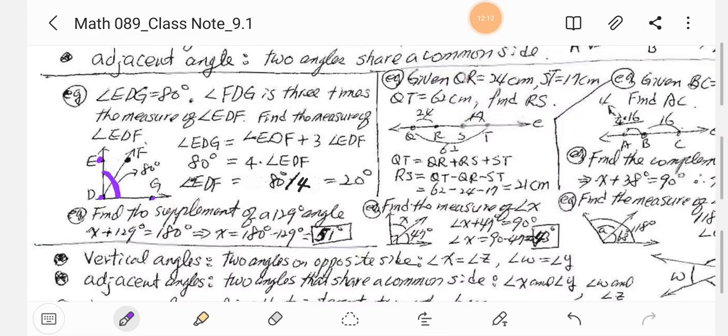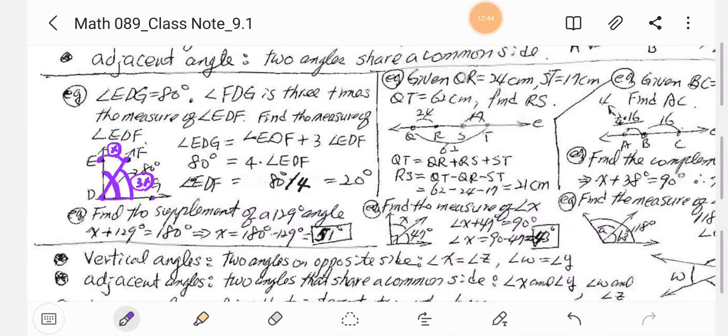Then FDG is 3 times the measure of EDF. Here is a point F. FDG is this one, right? So EDF, let's say this is X, then this is 3 times X, so this will be 3X, right?